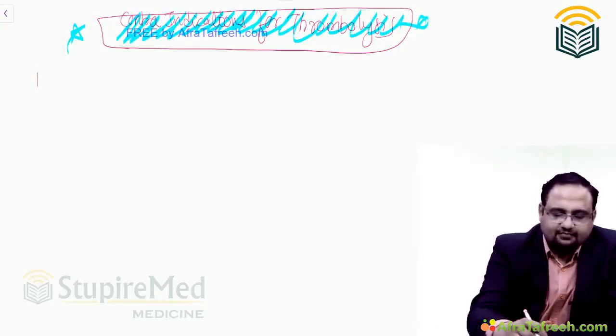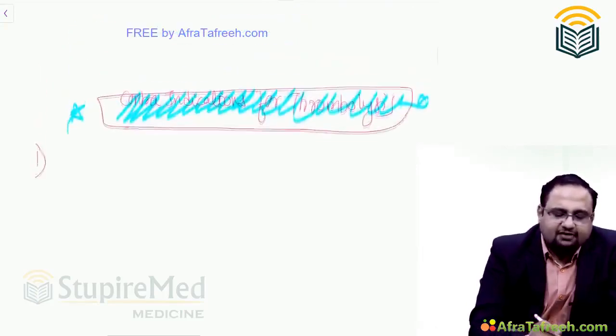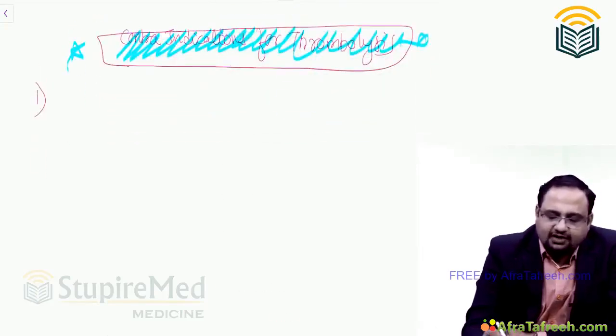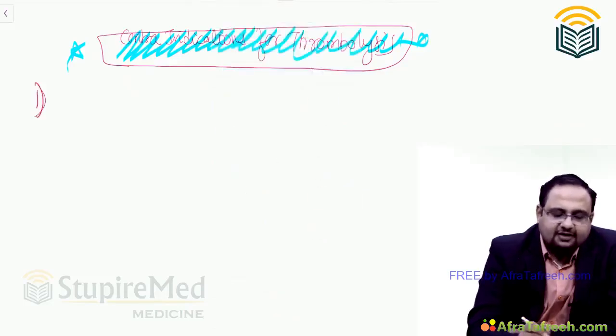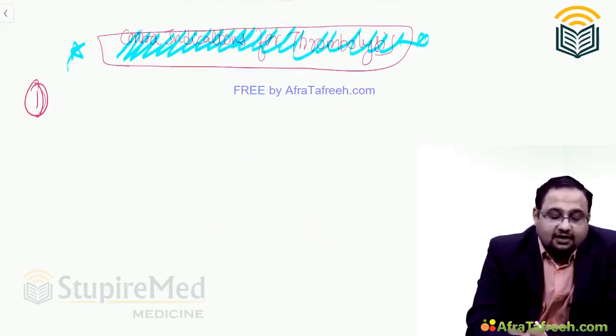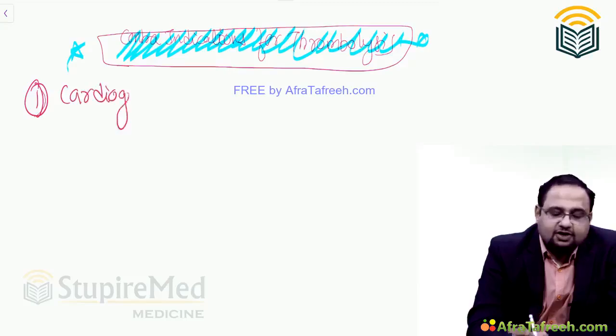What are the contraindications for thrombolysis? The first contraindication to thrombolysis is cardiogenic shock.